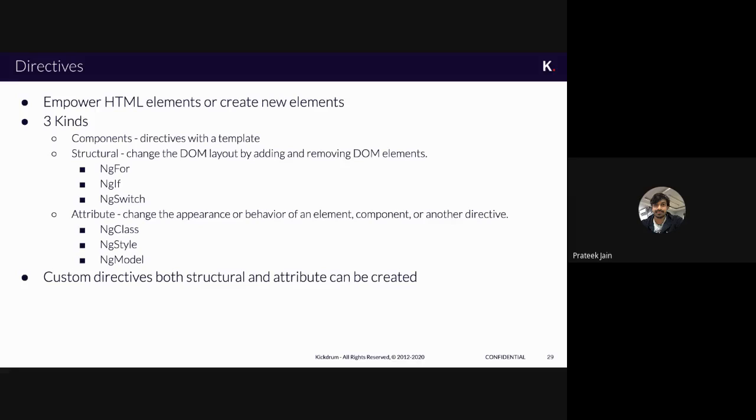So if there is any styling which is getting applied, or some behavior, let's say there is a scenario where if less than 35% marks are there, it should show red, or otherwise it should show green, that kind of functionality. In that case, you are actually changing the appearance of the HTML tag, and for that purpose you have to use ngStyle, ngClass, or ngModel, this kind of attribute directives.